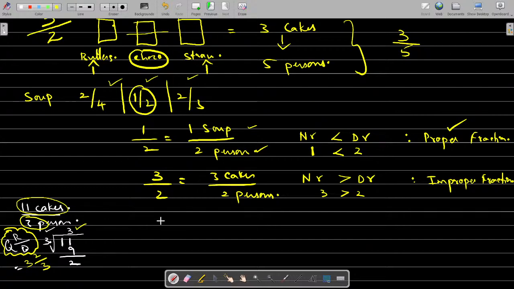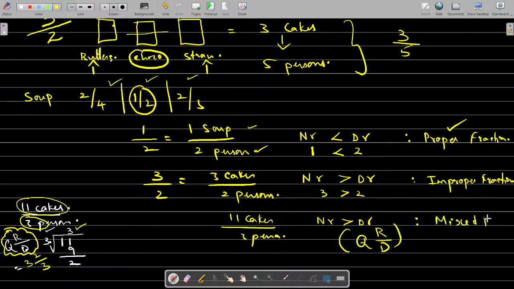Here also it looks like the numerator is greater than the denominator, but how do I present this? In the form of QRD. Okay, QRD rule. Here I call this a mixed fraction.